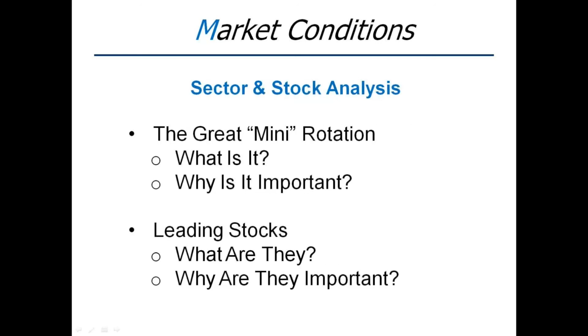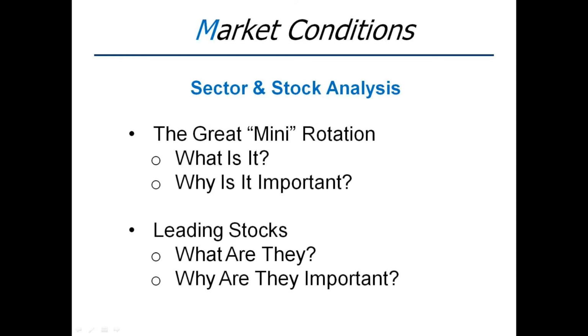So let's talk about sectors and stock analysis. In early 2013, there was all this big media buzz. People were talking about the great rotation out of bonds and into equities. Okay, great. That's fine and dandy. I coined the term the great mini rotation. How many times in strong bull markets have you seen the market just refuse to fall? Earlier this year, biotechs, momentum stocks, and growth stocks all got walloped.